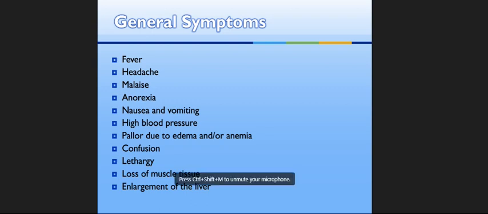They are edematous, so they have anemia, which could be dilutional anemia, as I told you yesterday, because of increased interstitial fluids. They may present with confusion, lethargy, loss of muscle tissue, and enlargement of the liver, hepatomegaly.